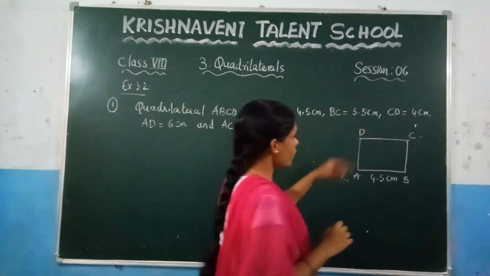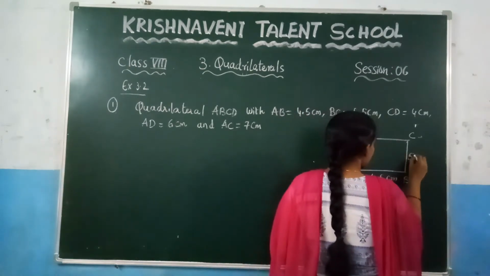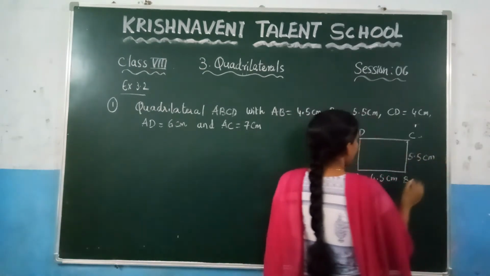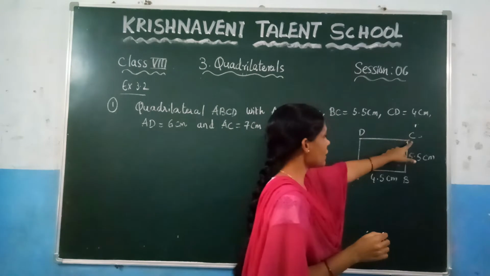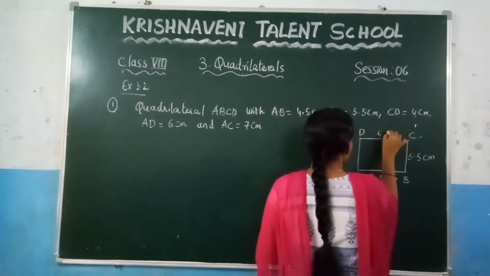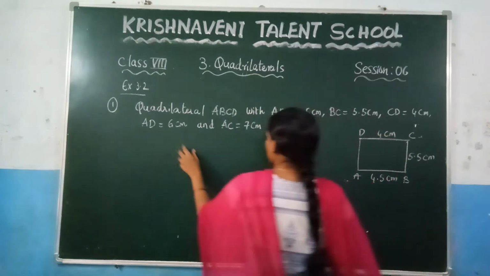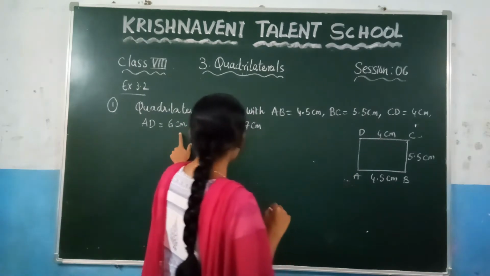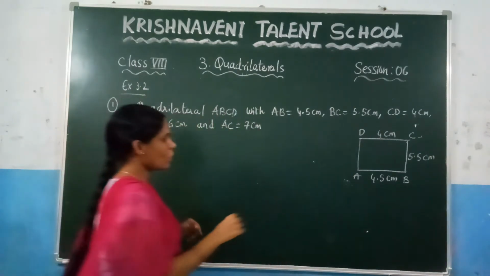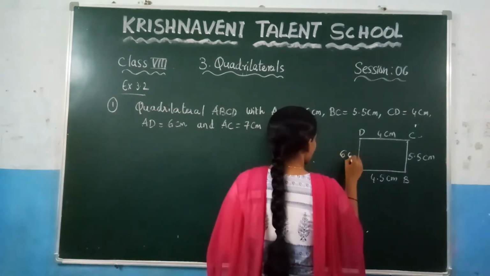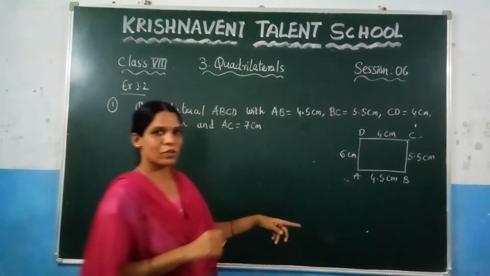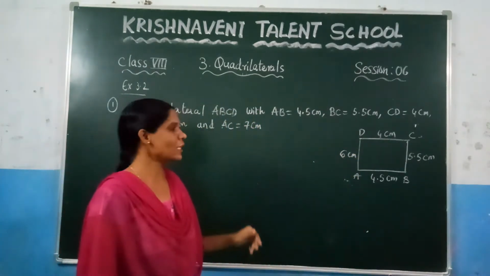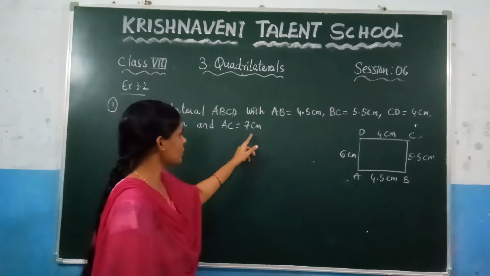And BC, which is 5.5. This length is 5.5. And after that CD, this length CD is 4 centimeters. And after that they have given AD, which is 6 centimeters. And here you can observe that 4 sides are given. Let us see the other one, which is AC, which is 7.